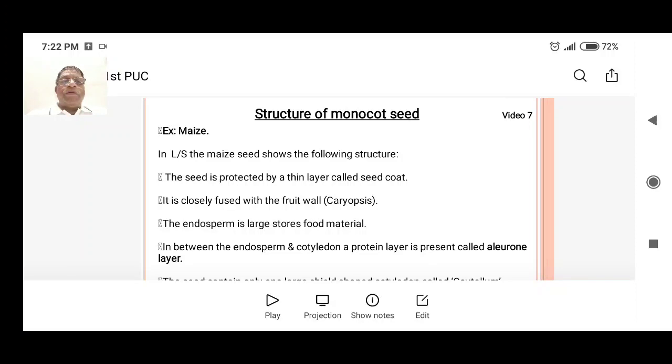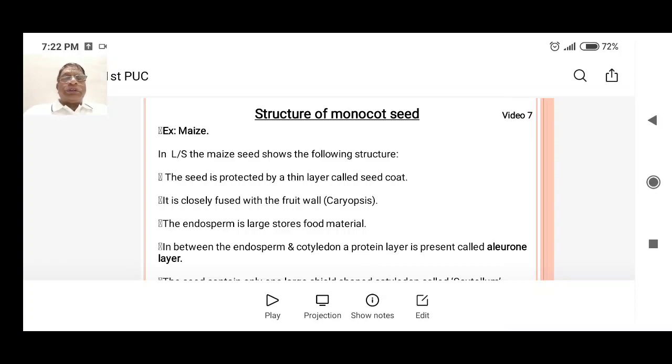The fruit wall and the seed coat are closely fused. They cannot be easily separated. Okay.